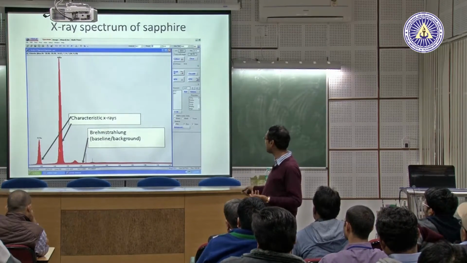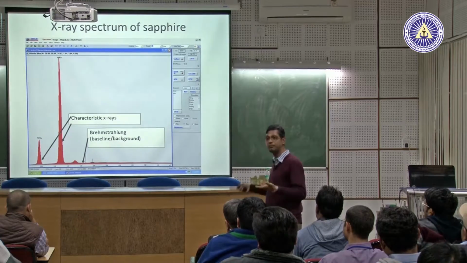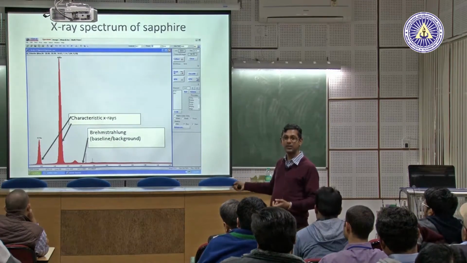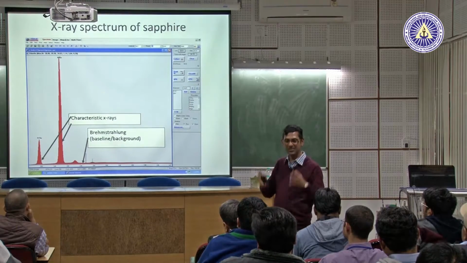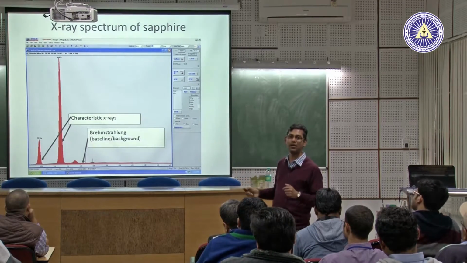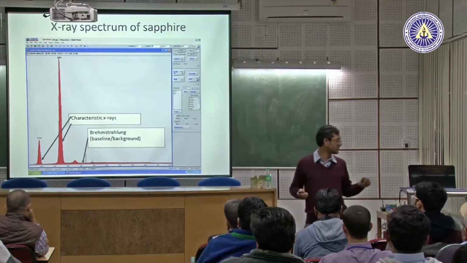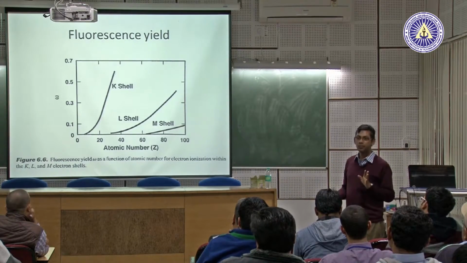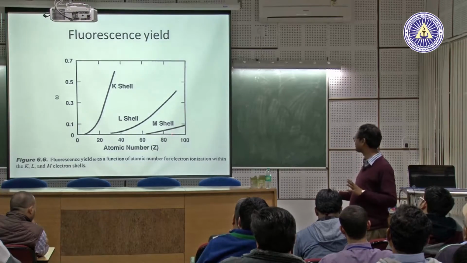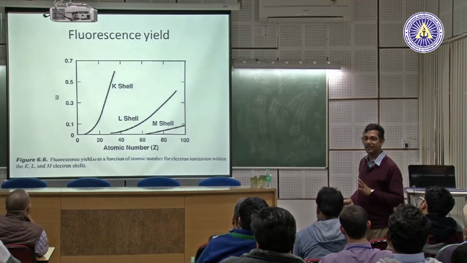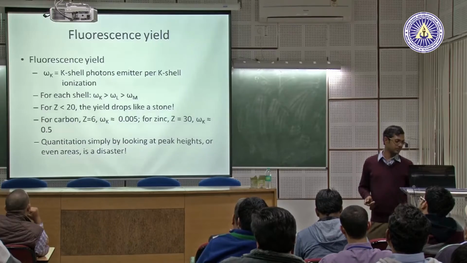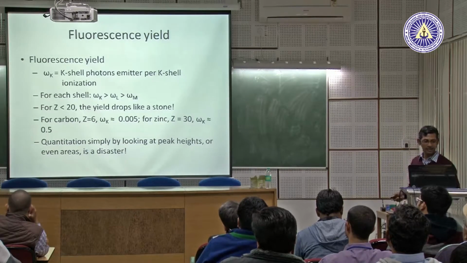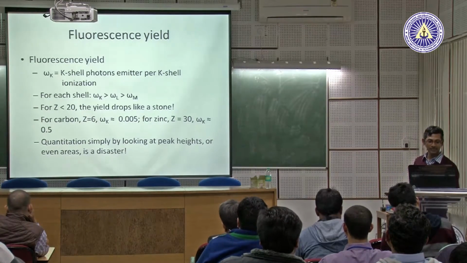But suppose I have an element which generates K, L and M peaks. I should use M to get the best measured composition, not the K or L peaks. This is exactly because the fluorescent yield is lowest here, correct? So please remember this.